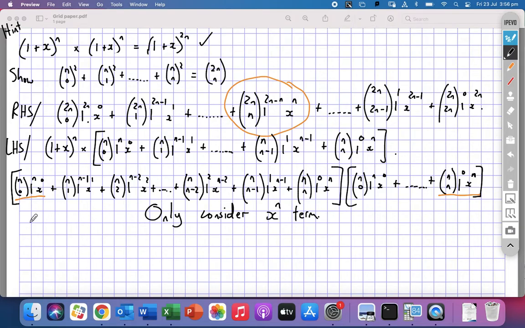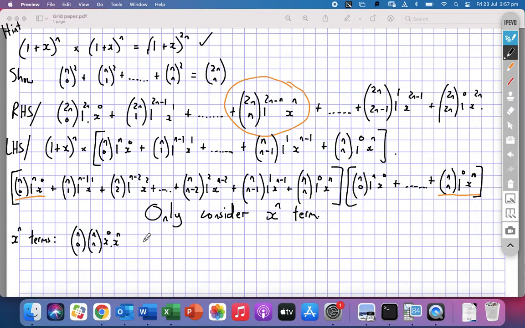And when they meet up with each other, our x to the n terms, well, the first one would come when this meets this. N choose 0, 1. I think I might drop the 1s at this point. N choose n, x to the 0, and times by an x to the n.